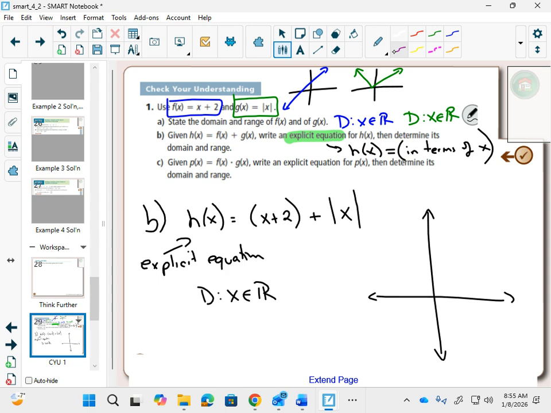So for example, on this graph, I have (0, 2). On my green graph, I have (0, 0). So on my combination graph, which I'm going to do in purple, if I add the y values, I would also have (0, 2).